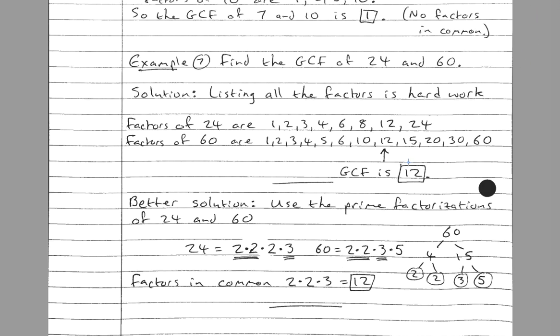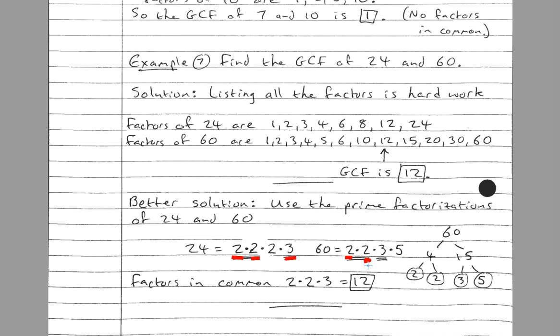Okay, so why is that helpful when you're looking for the GCF? Well, now you can just look to see what they have in common. So they both have 2's. In fact, they both have 2 2's. 24 has a third 2, but there's no matching 2 here. And what else do they have in common?